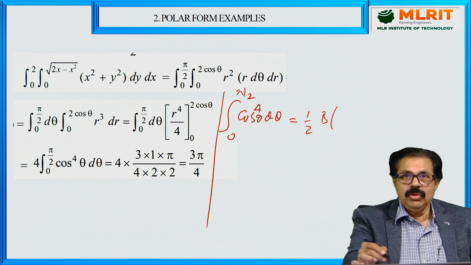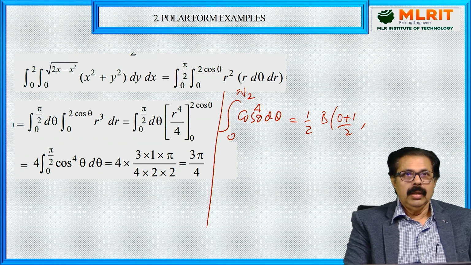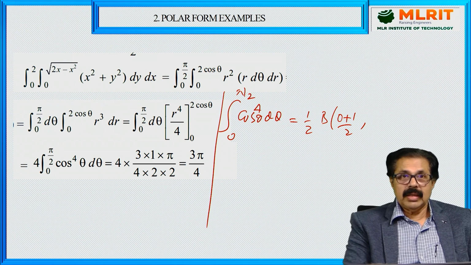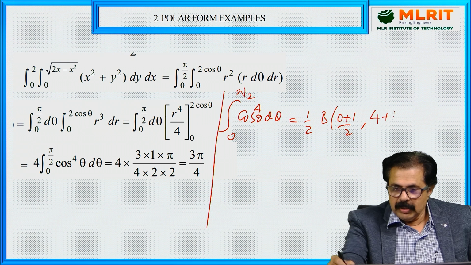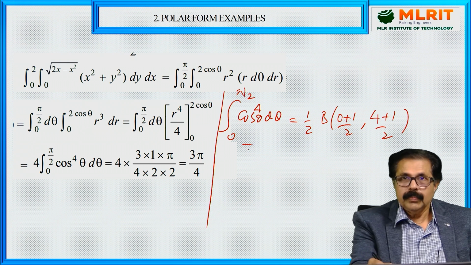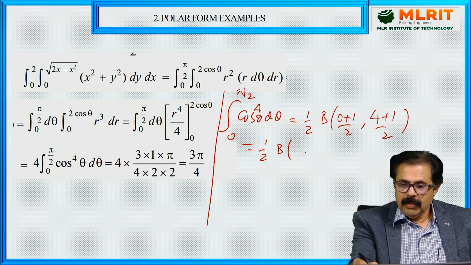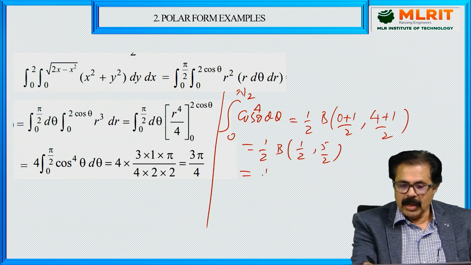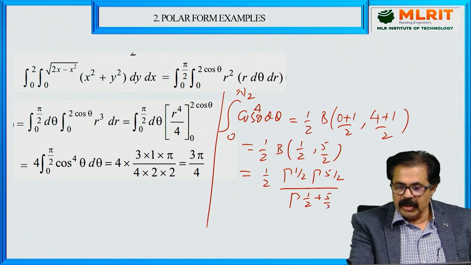Sine power is 0 here, so 0 plus 1 divided by 2. Cos power is 4, so 4 plus 1 divided by 2. So this is half beta of 1 by 2, 5 by 2, which is half gamma 1 by 2 gamma 5 by 2 upon gamma of half plus 5 by 2.